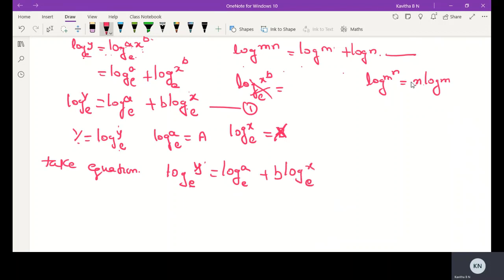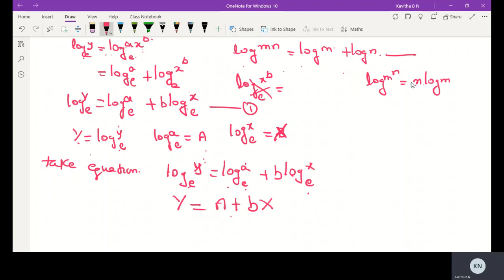Observe here, just now we considered log y base e as capital Y, log a base e as capital A, and log x base e as capital X.